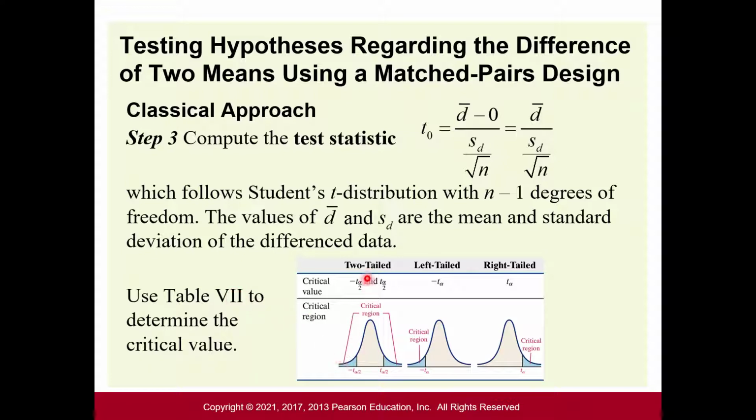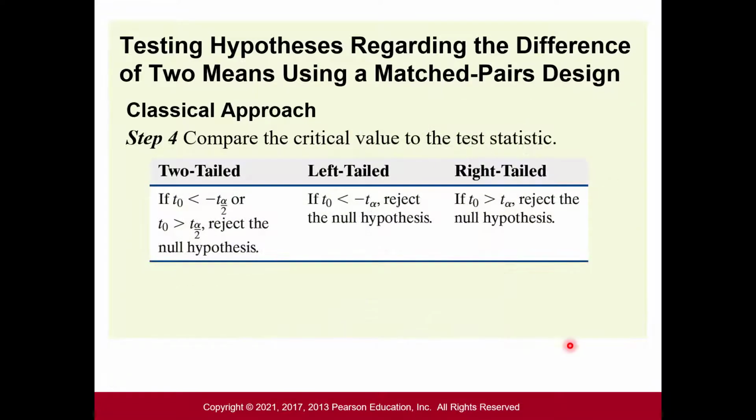Remember, for your two-tailed test, you have 2 critical values, and you have to divide alpha by 2. For the left-tailed test, you just have alpha, so negative t sub alpha, and for the right-tailed test, t sub alpha. You find your corresponding critical value from your table, and then you compare your critical value to your test statistic to decide if you're going to reject the null hypothesis. And then step 5 is to state the conclusion.